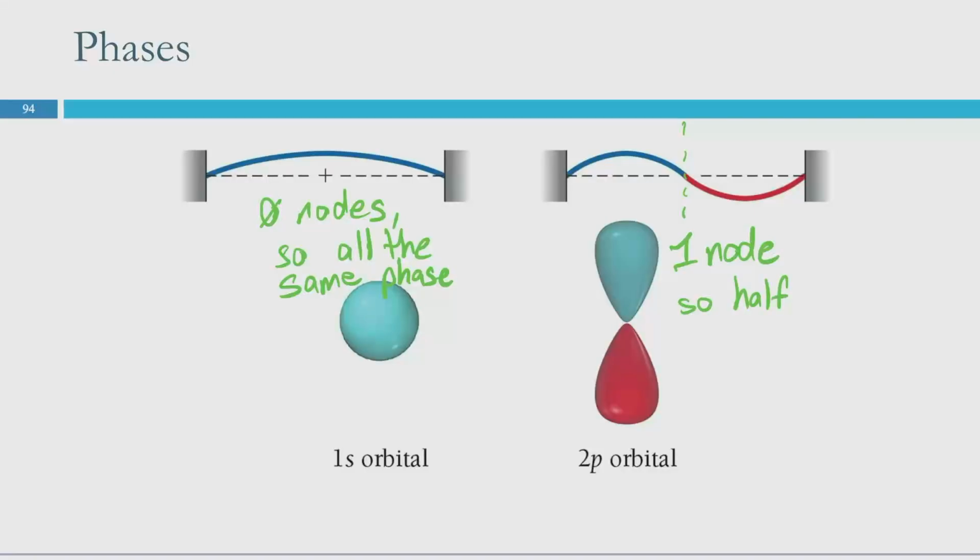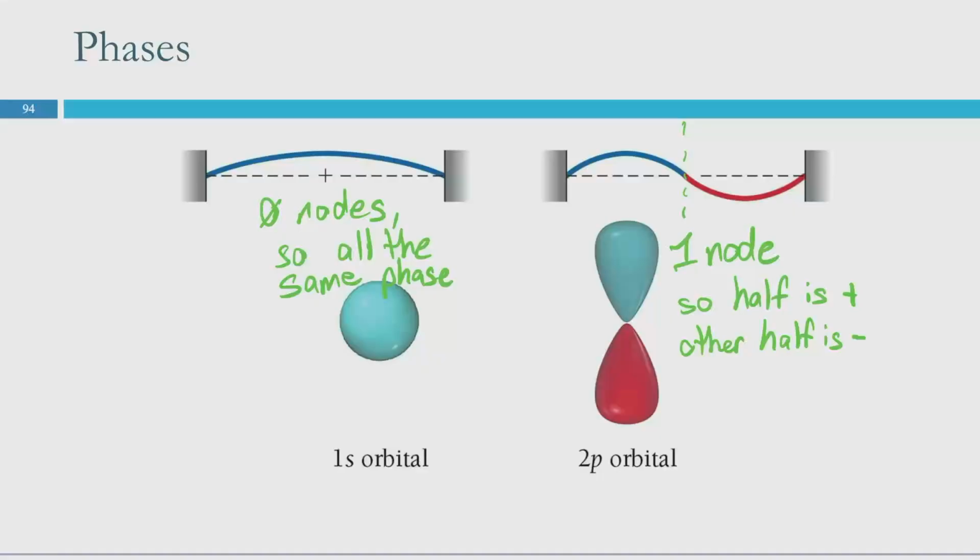So half of it is positive phase, and the other half is negative phase. We're representing the blue here as the positive phase, and the red here as the negative phase. We're not going to really look at d or f orbitals with respect to phase, so you don't have to worry about any of that.